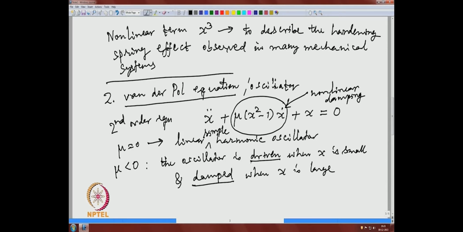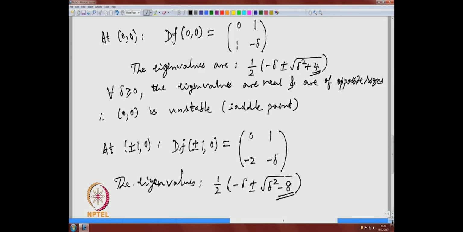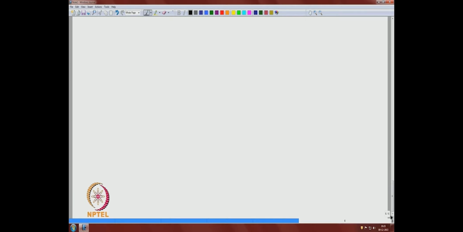So, there are large oscillations, but when x square is bigger than 1, then with mu negative this also becomes negative, and that acts as damping and the oscillations will be slowed down. So, effectively what we expect in this case is this figure.